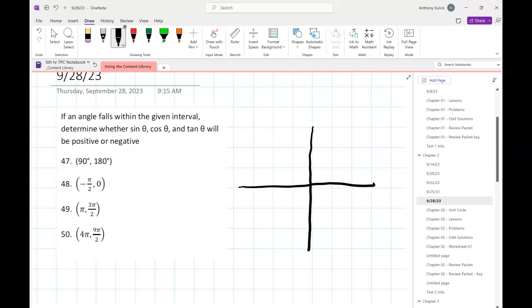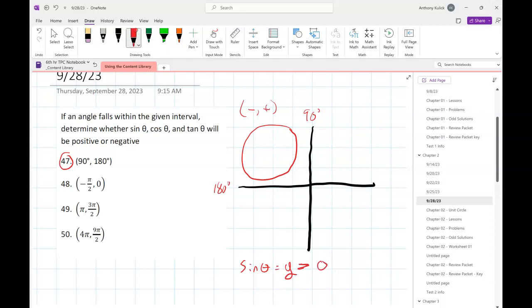So if I do this, 90 degrees is there, 180 is there. So we're talking about something in the second quadrant, right? In the second quadrant, the x-coordinate is negative, but the y-coordinate is positive. Sine theta with our unit circle definition is y, so we know the y's are positive.